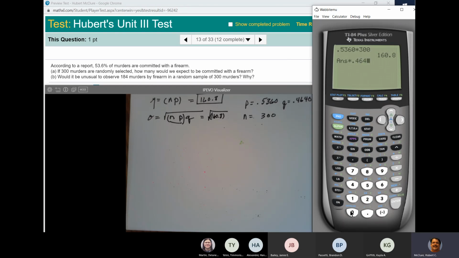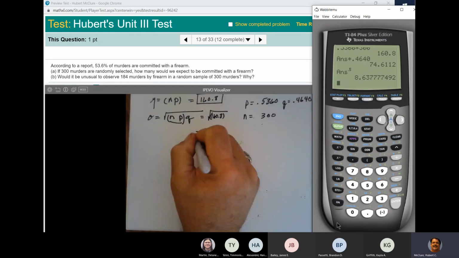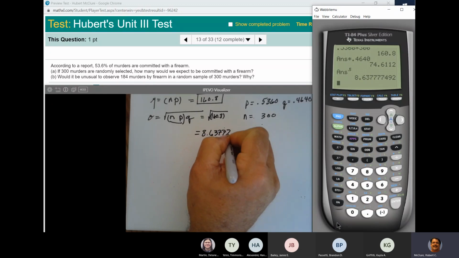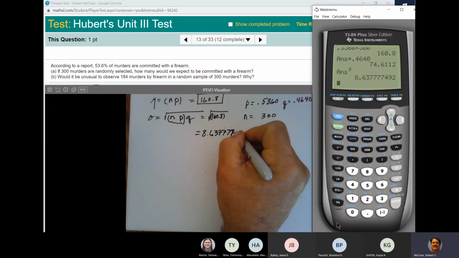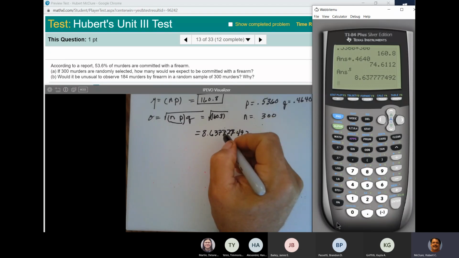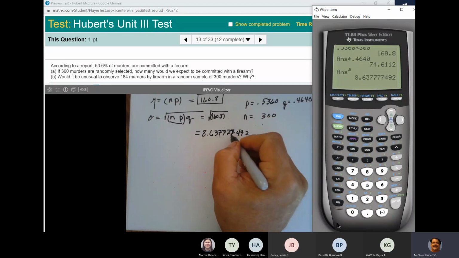Did you check it? Well, now she's driving somewhere. And raise that to the 0.5 power. And that's 8.637777492.